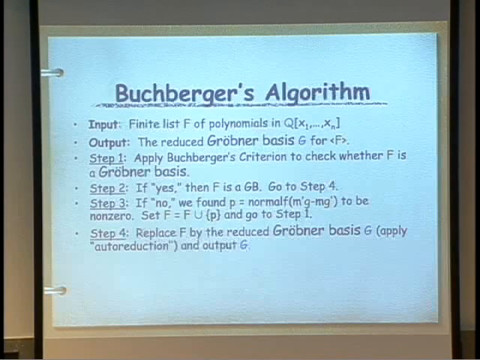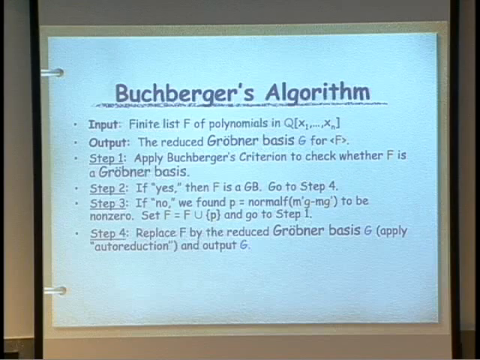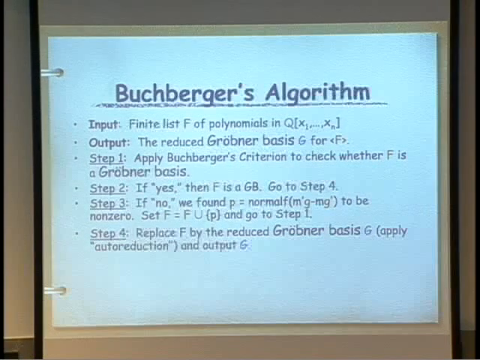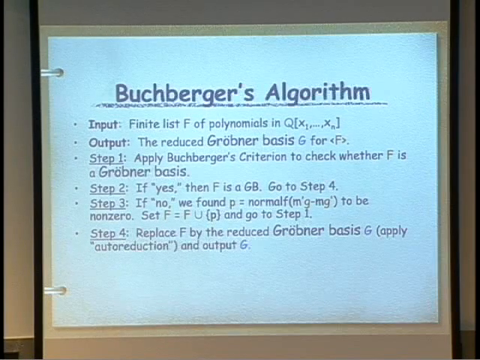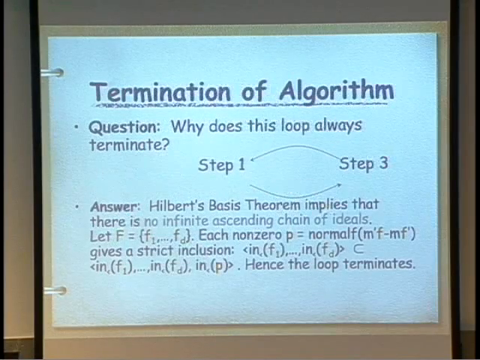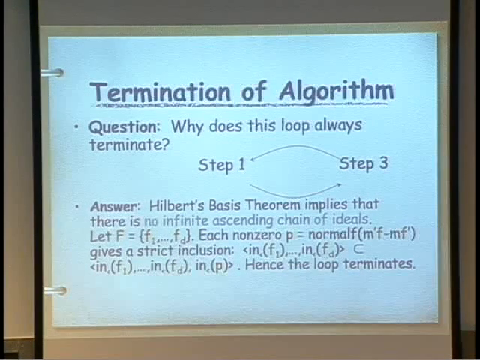Now, if this terminates ever, then we reach step 4, and then we do the auto reduction. So then we make it monic, and we throw out unnecessary guys and so on, and we get the reduced Gröbner basis. So the only question is, why does this loop always terminate? And the answer is, again, the Hilbert basis theorem. Because the Hilbert basis theorem says equivalently, there is no infinite ascending chain of ideals.